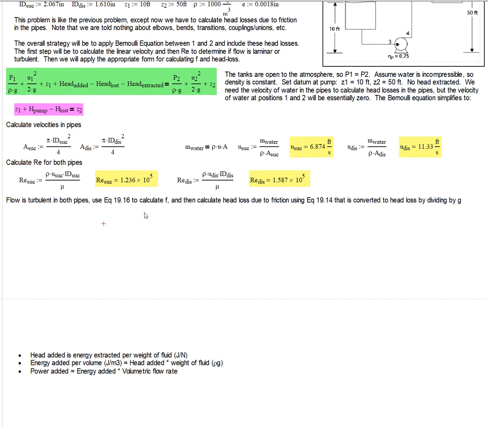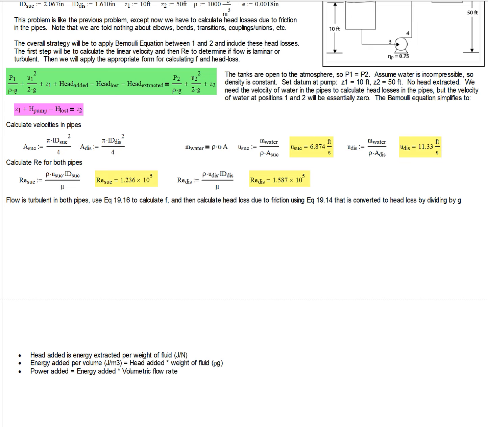And so since we know the velocity and the Reynolds numbers, we can calculate the friction factor. And so this is equation 19.16 in your Turton et al. 2018 textbook. And then we can calculate the head losses due to frictional flow.